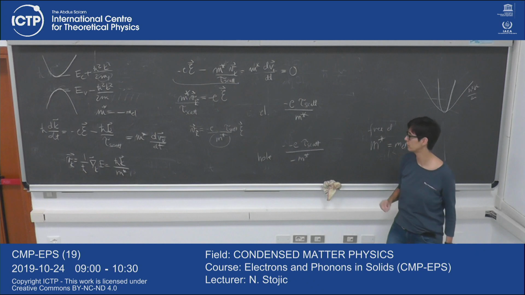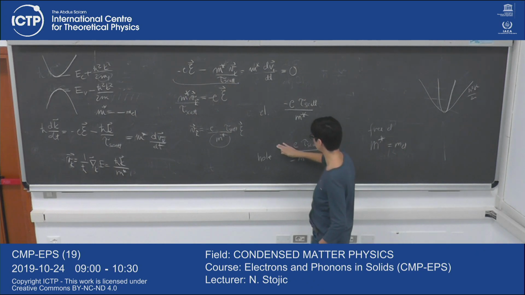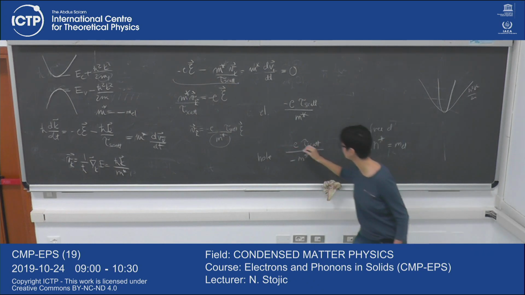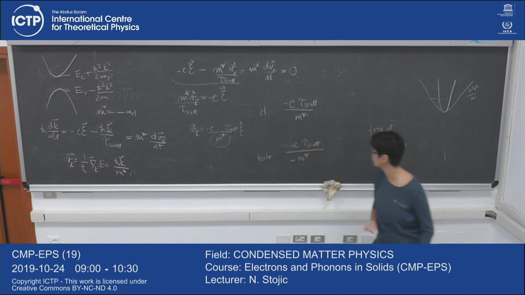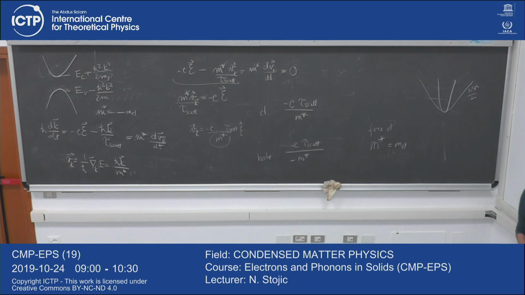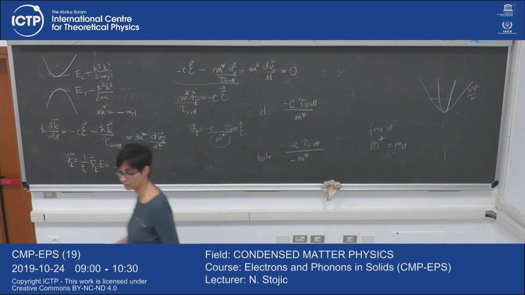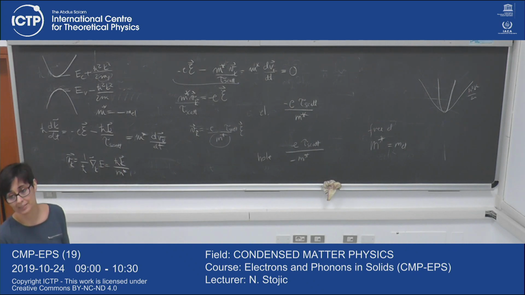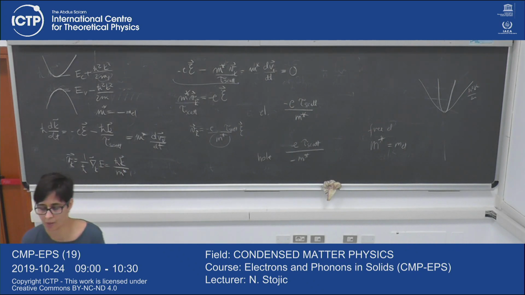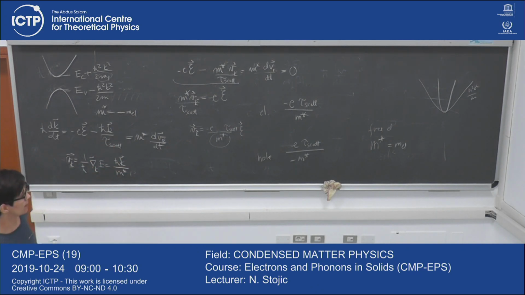It has a negative mass, so this is a positive charge. There is a bit of confusion in the definition of currents of holes and electrons. You can find different books coming to different signs or the same sign. We derive it this way, so let's keep this sign.